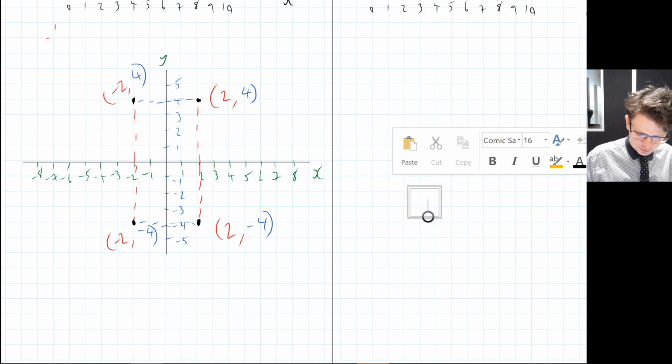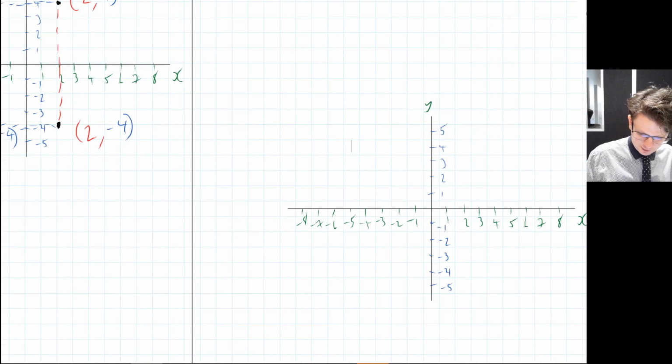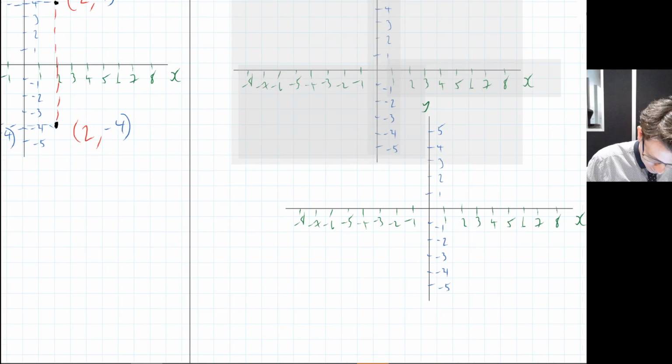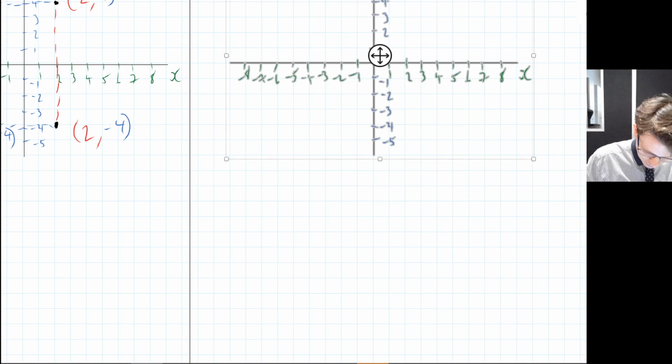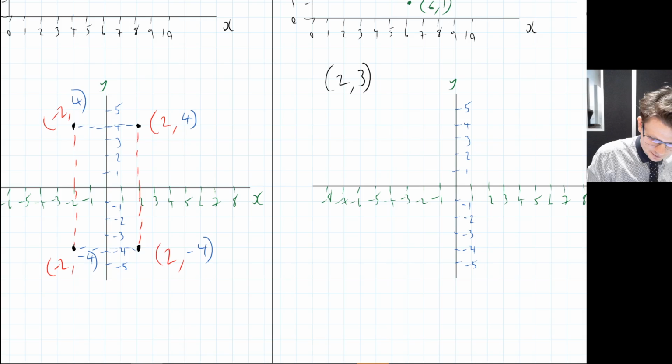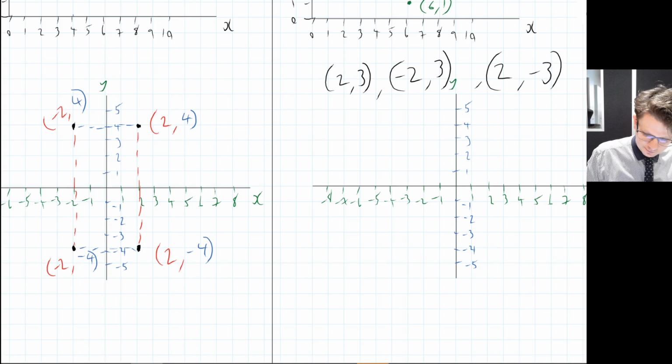Let's see if you can have a go as well. So pop you an axis to draw on. And these are the points I want you to have a go at plotting. Oh, sorry, what am I doing?